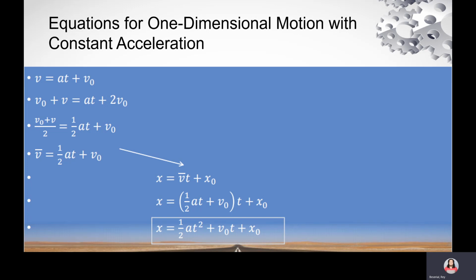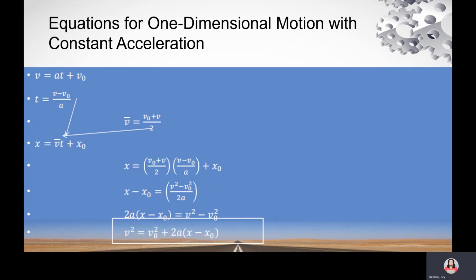So ito siya galing. Okay? So from that, gipang distribute itong T natin. So magiging ma-simplify yung ating formula para sa final position na 1/2 AT squared plus V sub OT plus X sub O. So yung ating V sub O, initial velocity, X sub O is initial position.